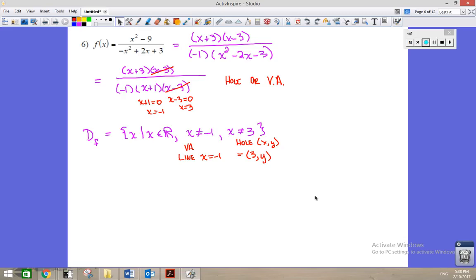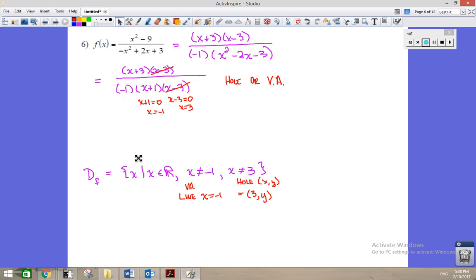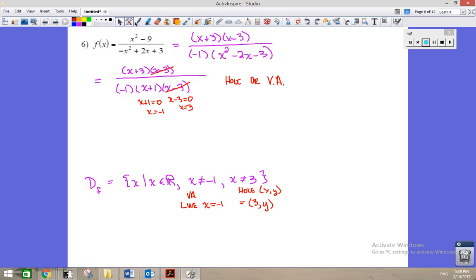Well, we return to the function in factored form, and we had canceled it, but we didn't really write out what the resulting function was after we canceled. Our numerator is x plus 3, and our denominator is negative 1 times x plus 1. So to figure out this y value, if I plug 3 into the original function, it's going to be undefined.